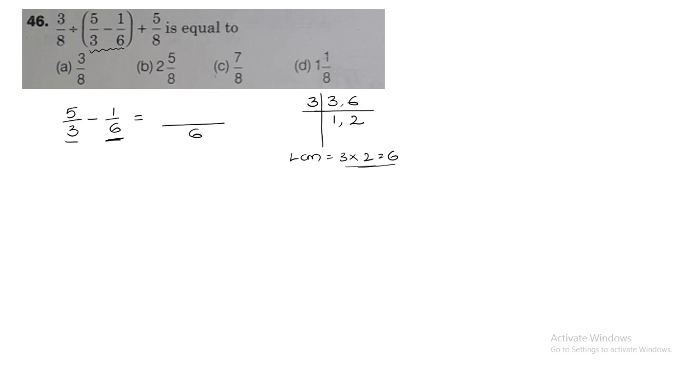Now we need to write down the fractions. So how will you write? Here 3 is present, right? So in 3 table, you need to count when you will get 6. How many times will you get 6? You will get 2 times. So that 2 into whatever is present in the numerator, write that.